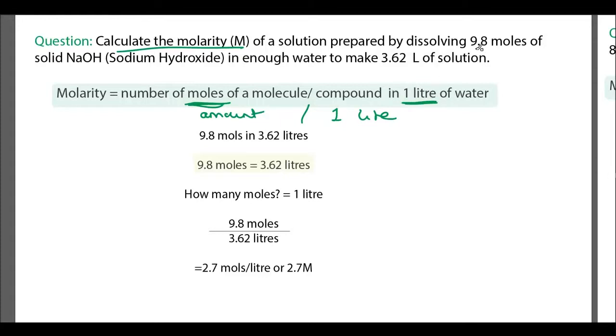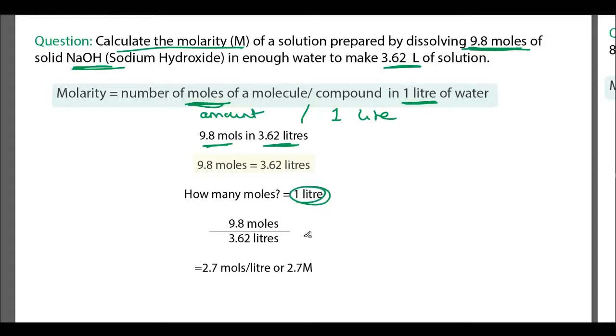Well, we know an amount of moles. We have 9.8 moles of the compound sodium hydroxide in 3.62 litres. But to calculate molarity, what we need to know is the amount of moles in 1 litre.